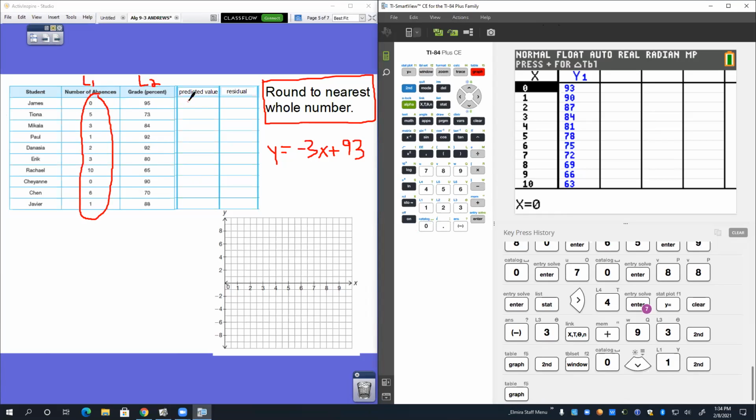So 0 is 93. 5 is 78. 3 is 84. 1 is 90. 2 is 87. 3 is 84. 10 is 63. 0 is 93. 6 is 75. 1 is 90. Wait, did I mess that up? 0 is 93, not 90.